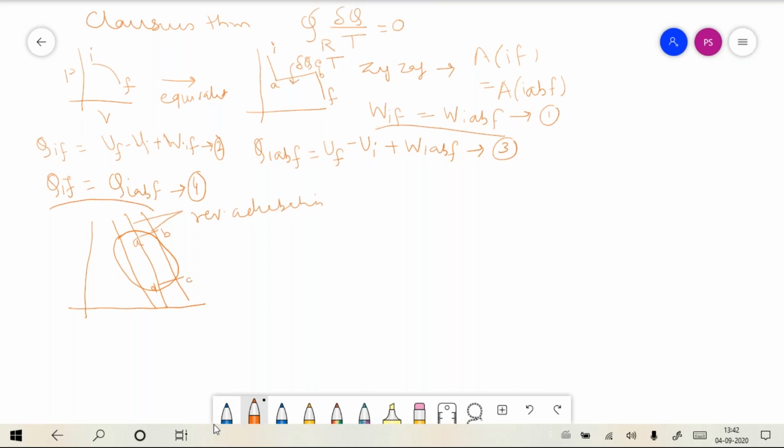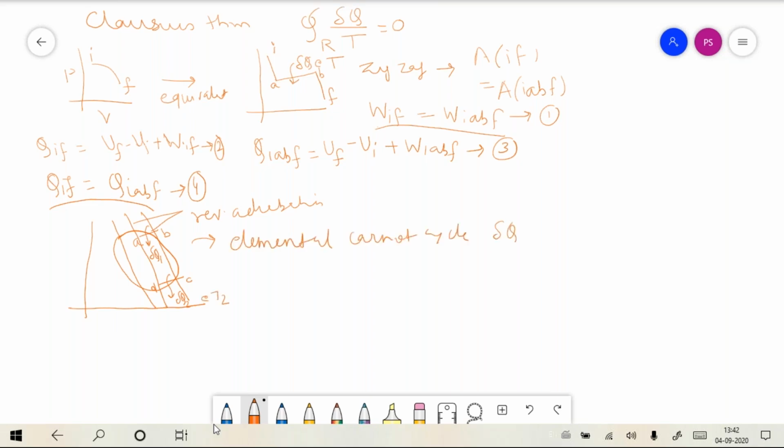So suppose you consider this ABCD cycle. Let us say that this is some del Q1 at T1, and the heat rejected is del Q2 at T2. Then by slicing this with reversible adiabatics, what you get is actually an elemental Carnot cycle.